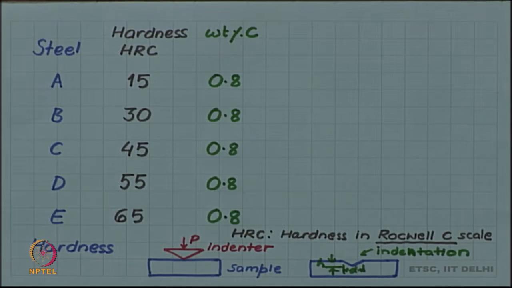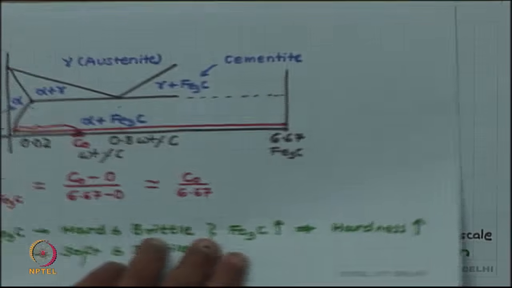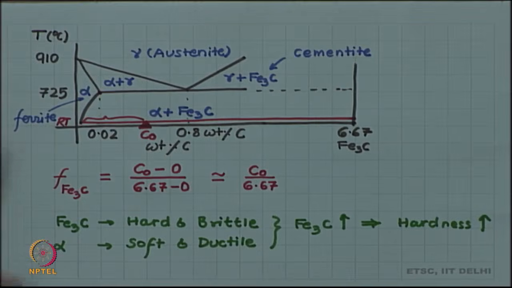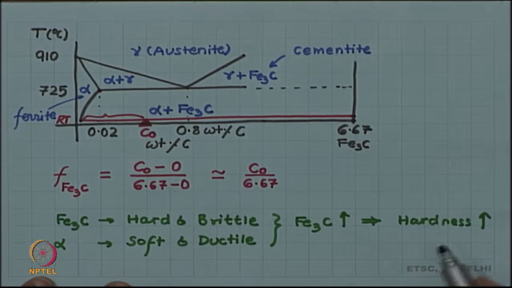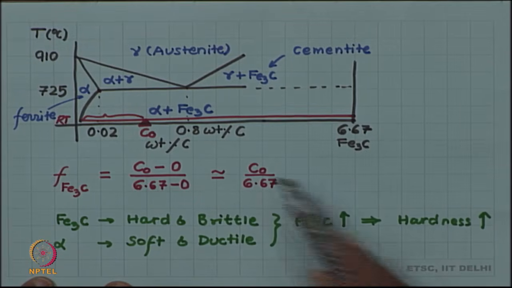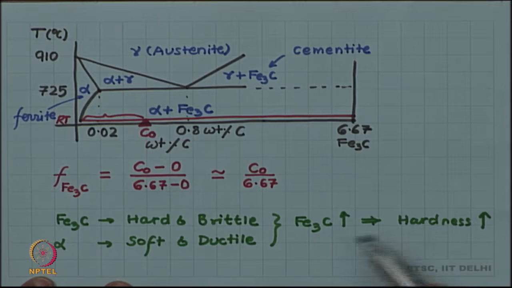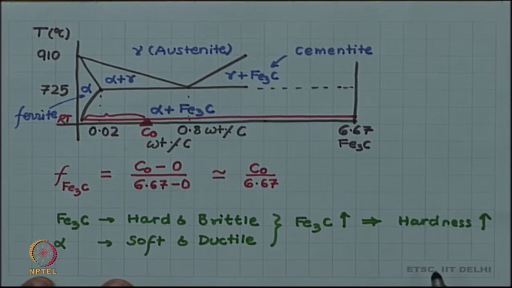If the carbon concentration was changing, we could have explained the difference in hardness because of the carbon concentration, that higher carbon leads to higher Fe3C and leads to higher hardness.